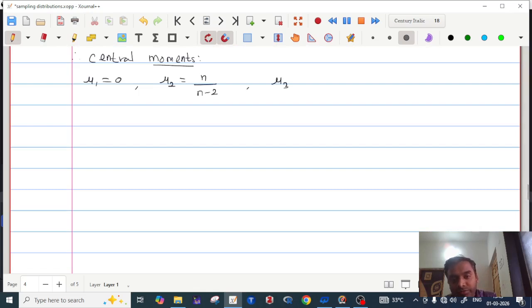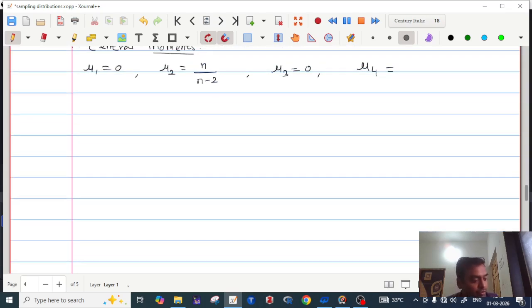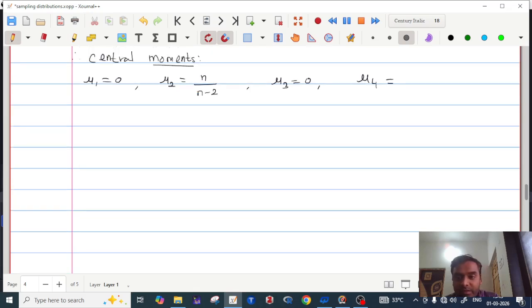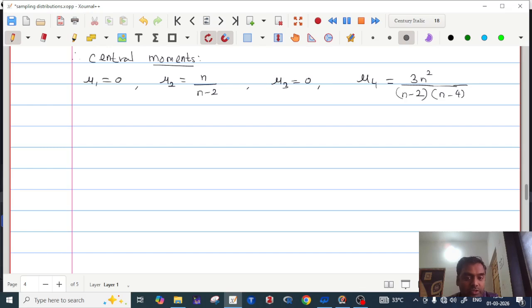Mu 3 is also 0, and mu 4: if you put r equal to 2 in this formula mu 2r and solve, you will get mu 4, and it is 3n square divided by n minus 2 multiplied by n minus 4. This is the value of mu 4 for the t distribution.